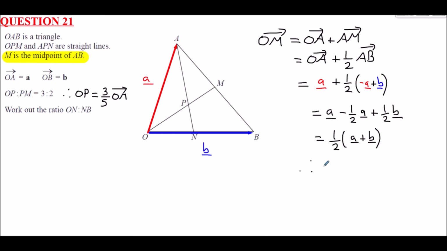So therefore, from O to P, should include a vector symbol there, so OP is 3/5 of the distance from O to M. So it's 3/5 of half of A plus B. Three-fifths of a half, to work out a fraction of a fraction, we times the tops, 3 times 1 is 3, times the bottoms, 5 times 2 is 10.